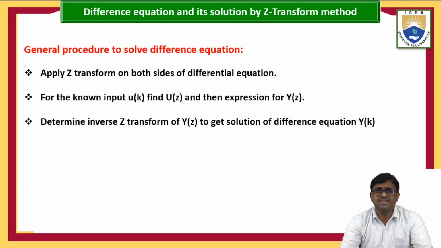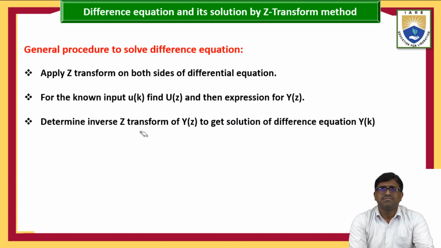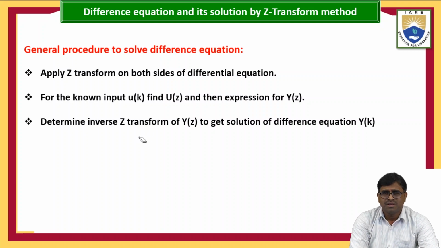Now the general procedure to solve the differential equation. Generally, for solving the differential equation, first of all, you have to apply the Z-transform on both sides of the differential equation. For the given discrete time system, first apply the Z-transform on both sides, the LHS and RHS of the equations.